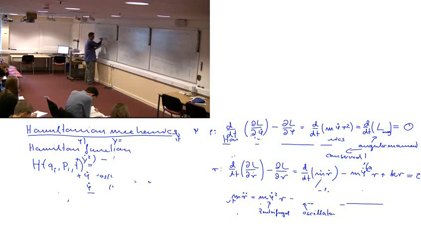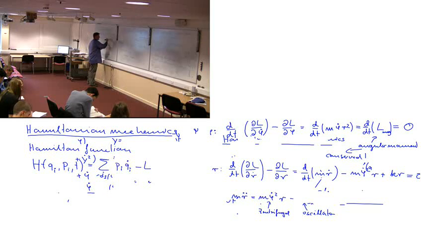And how is it defined? It's simply the sum over all these coordinates p_i q_i dot minus the Lagrange function. So it's directly connected to the Lagrange function.